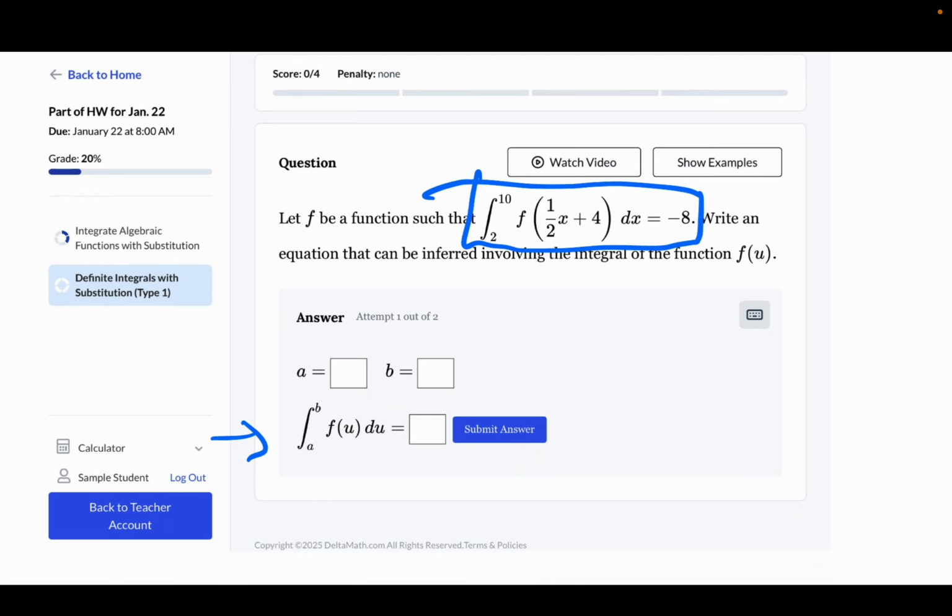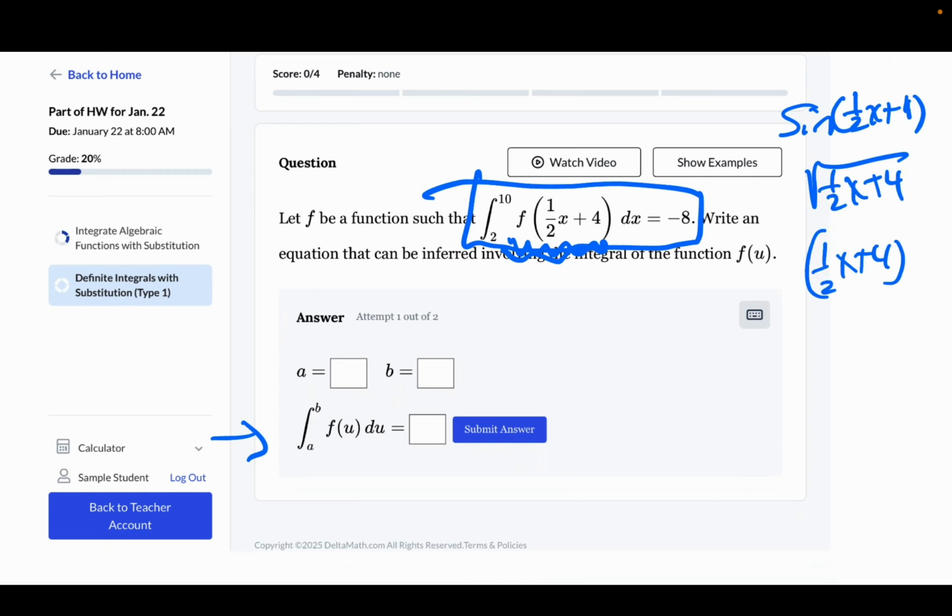All right, so what they mean by this expression, f of 1/2 x plus 4, is there's some function we don't know about, like sine of 1/2 x plus 4, square root of 1/2 x plus 4, or 1/2 x plus 4 to the third power. We just don't know what function they're talking about, but it's some composite function that somebody's taken a function and put 1/2 x plus 4 in.